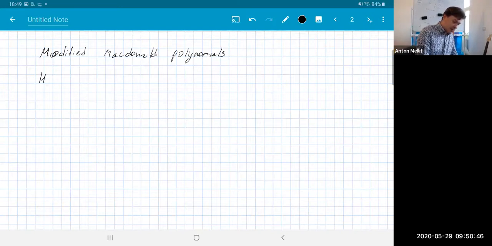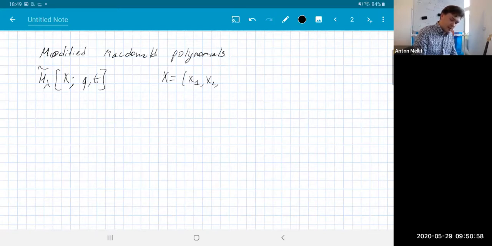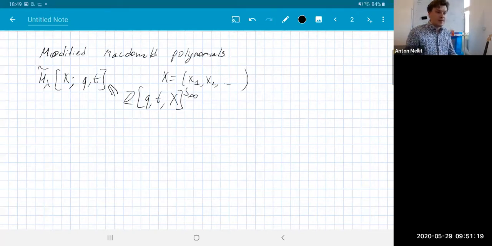These are some polynomials in variables q, t, and x, where x stands for the infinite alphabet, and they are symmetric with respect to the permutation of the variables, so they are inside the ring Z, q, t, x.